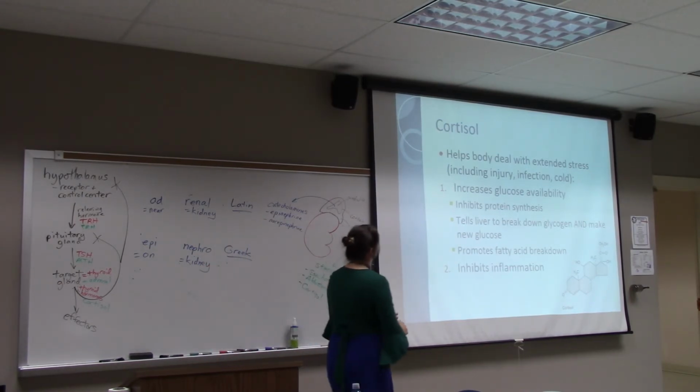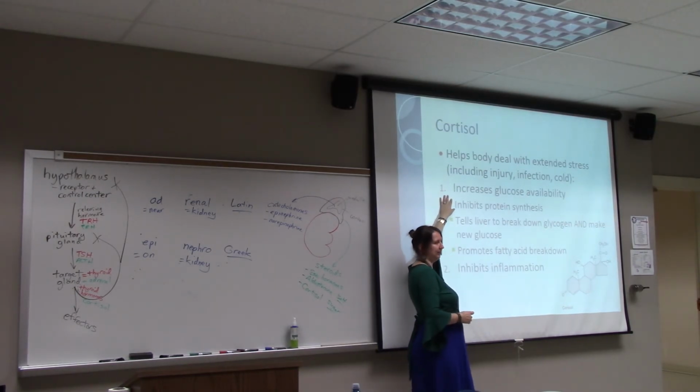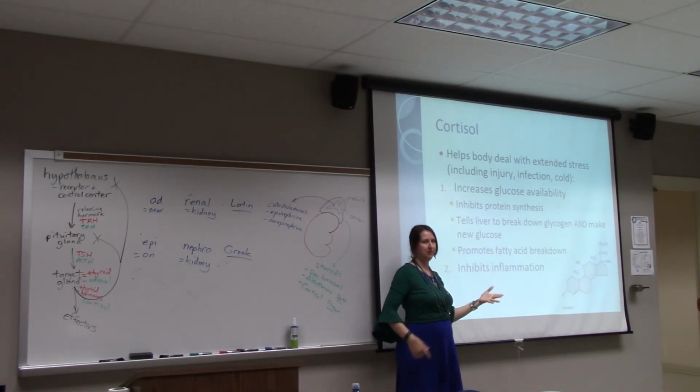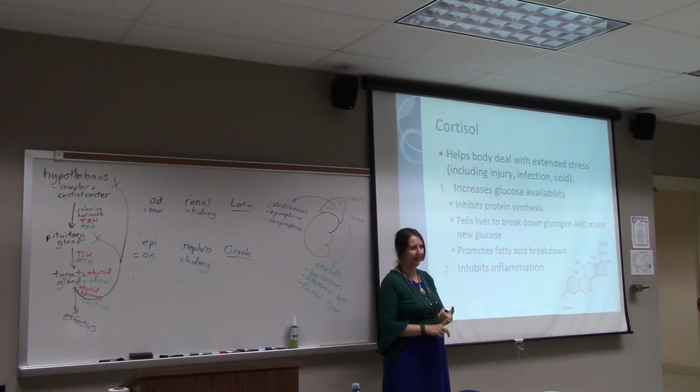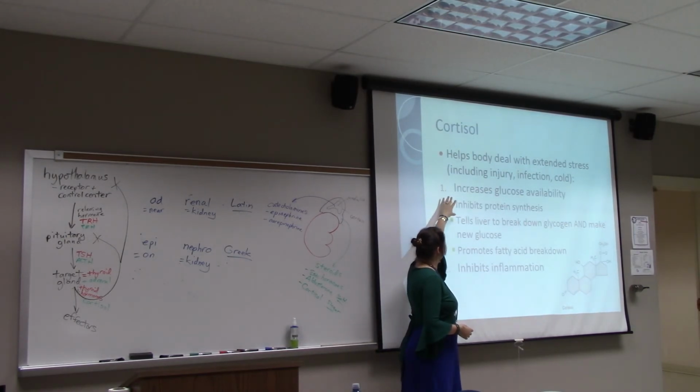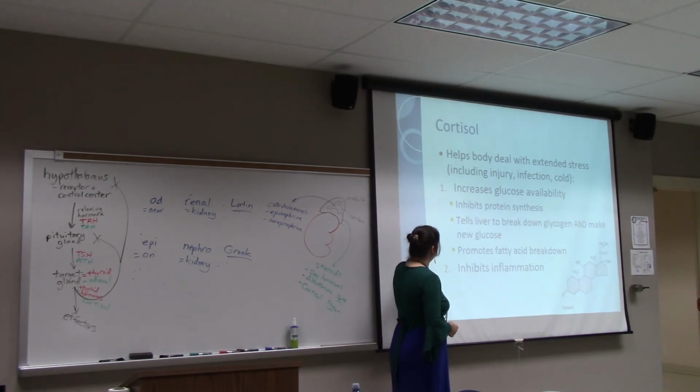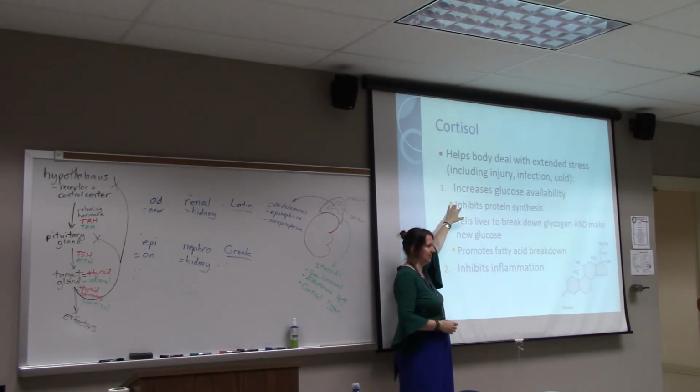The big thing it does is increase the availability of glucose, and that's helpful for your muscles if you need to shiver, your immune system if you need to fight an infection, the cells that are repairing an injury, and so on. So it increases the glucose availability by inhibiting protein synthesis, except for the specific cells that need to do it.